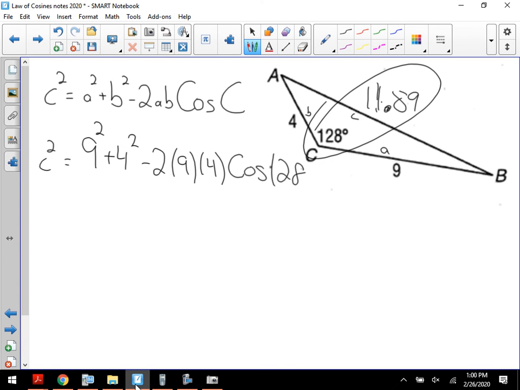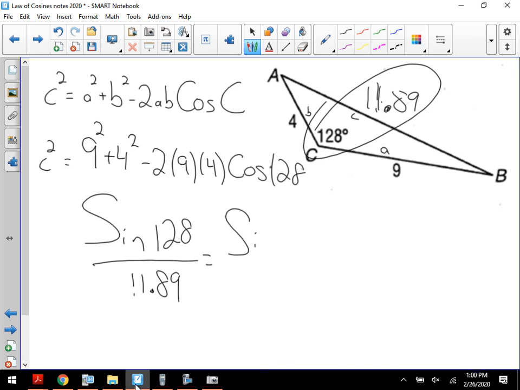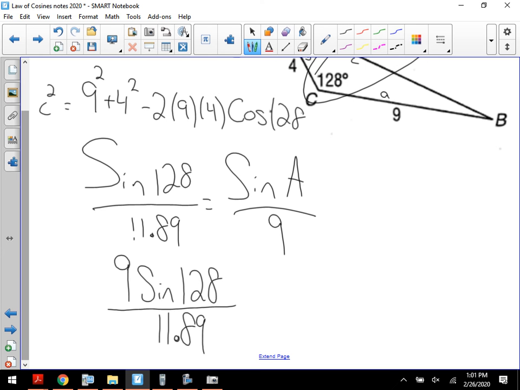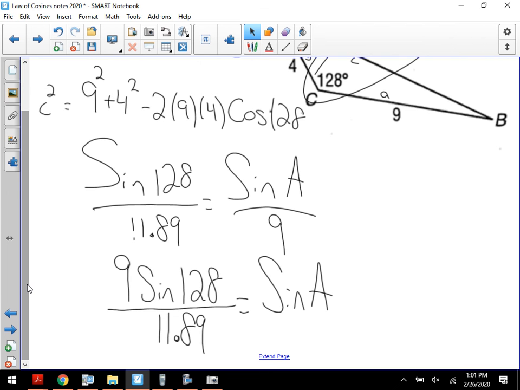Always go in order of the angles. Move the 9 up. We'll go back to, oh, look at that, more buttons.